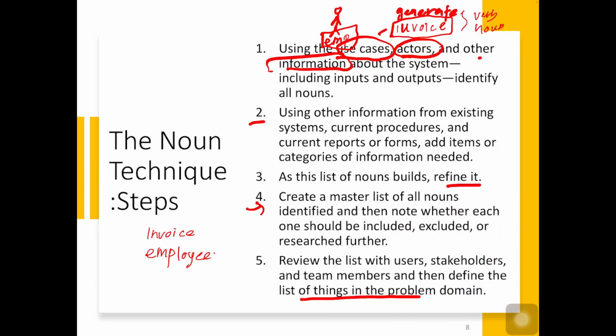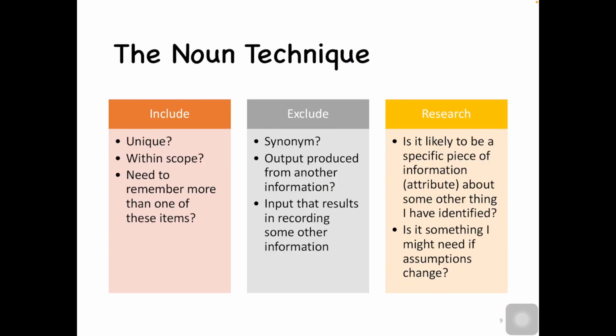Okay, so after we have identified all the nouns from all sources of information that we have, we create a master list and then categorize each one as either included, excluded, or needing further research. A noun that will be included is usually a unique noun within the scope of the system, and we need to remember more than one of these items.